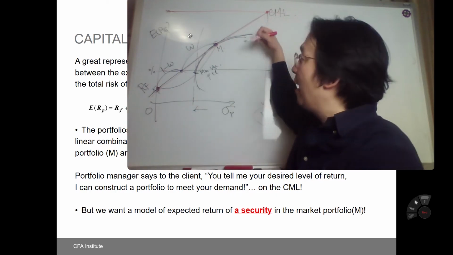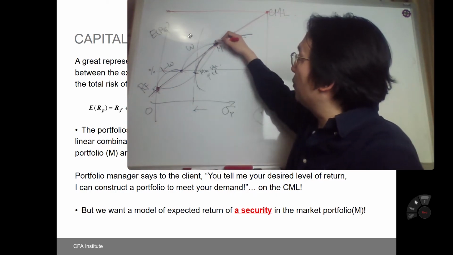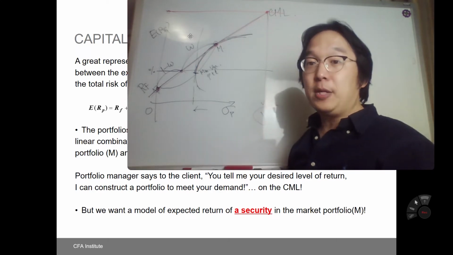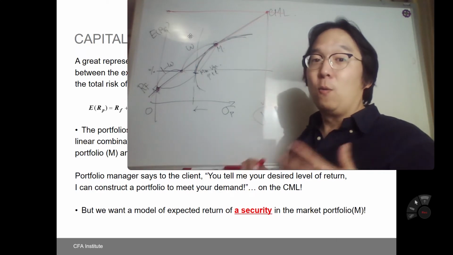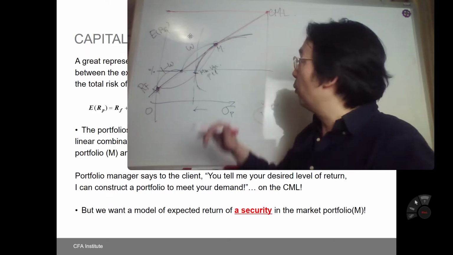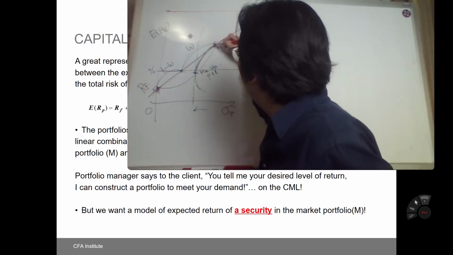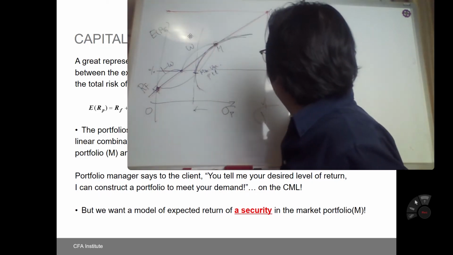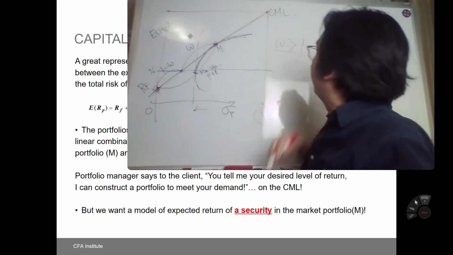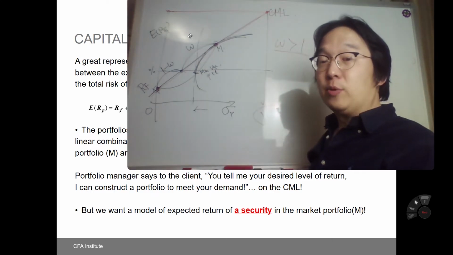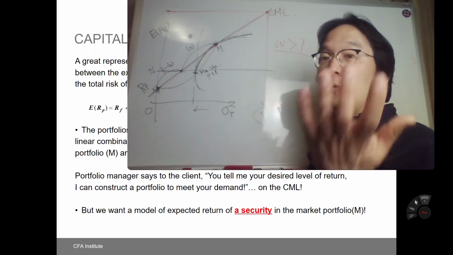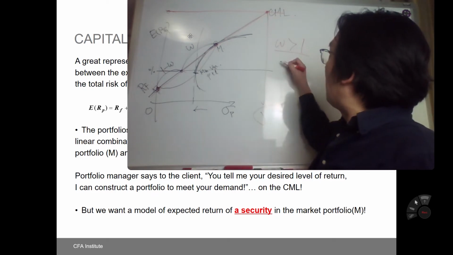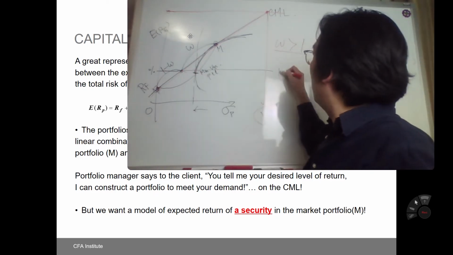And then the weight on your risky asset will be bigger than 1. And then the risk-free asset's weight will be still 1 minus W.